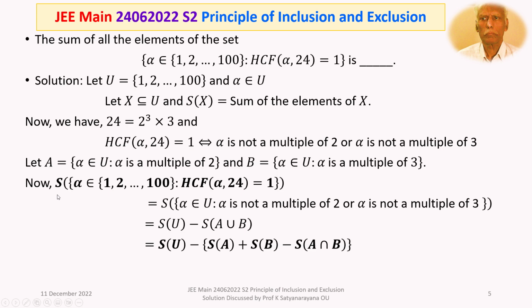So we have derived S of U minus, in brackets, S of A plus S of B minus S of A intersection B. Here we have used the principle of inclusion and exclusion, which is a counting principle. We will now compute these things and get the answer.